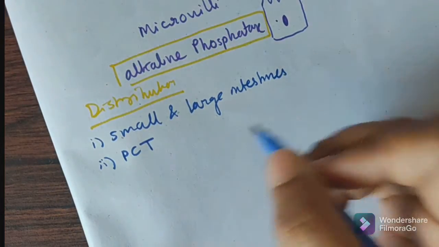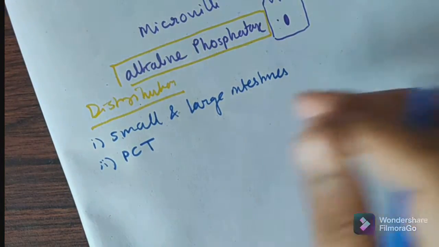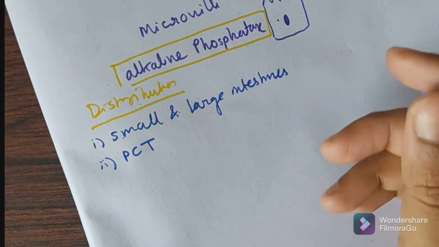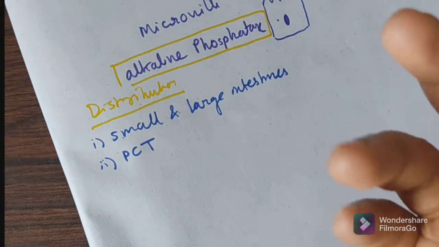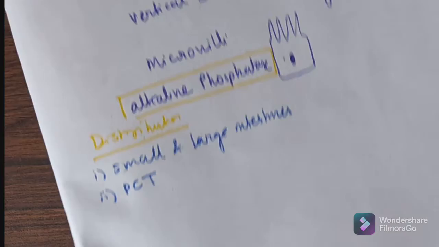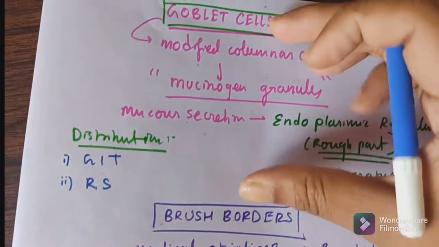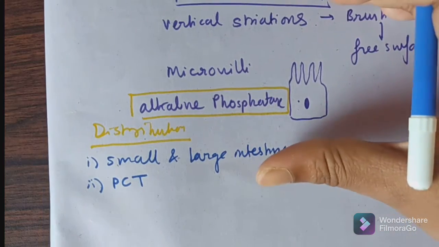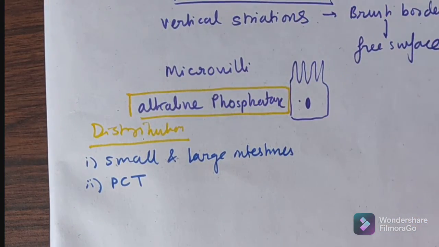A single cell of the intestinal villi presenting brush borders may have 3000 microvilli. Now these microvilli help in the absorption of chemical substances and sugars. So we have discussed the goblet cells and brush border cells, which were special types of columnar epithelium.